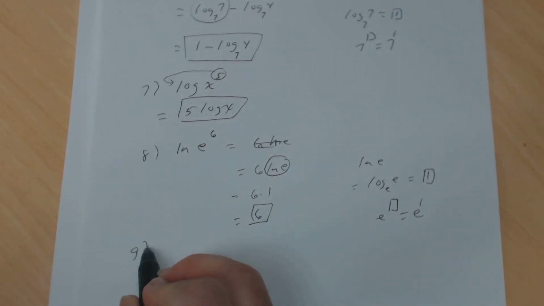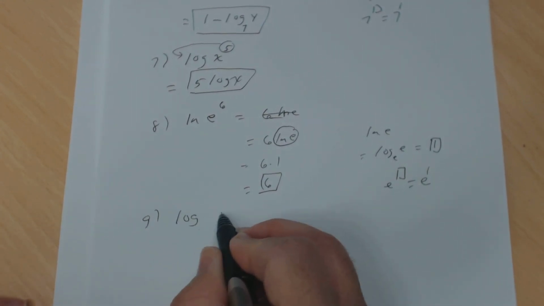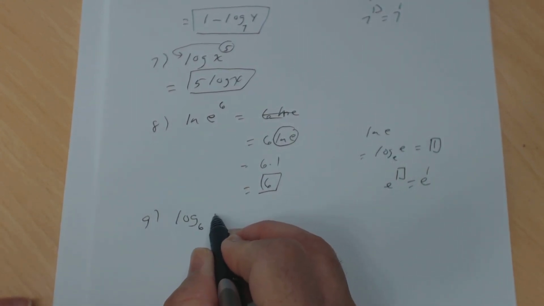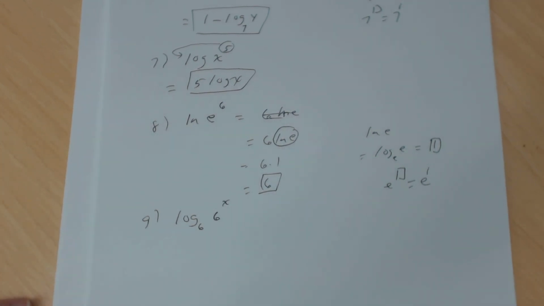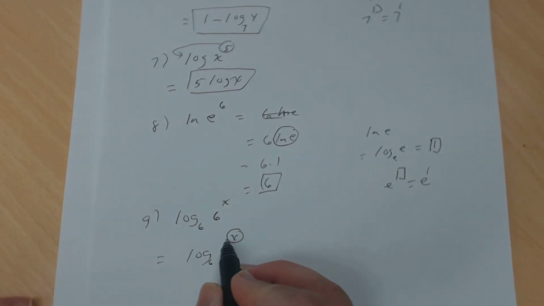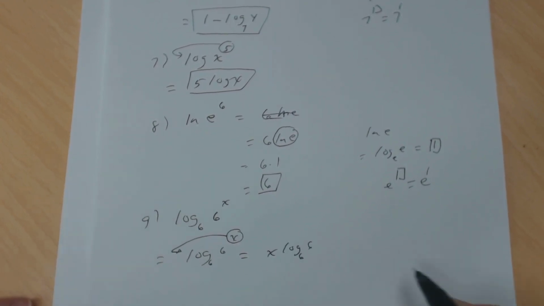Same thing here if you had the log base 6 of 6 to the x power. I take that power, using the power rule, pull it in front, and write it as a product. So that's x times the log of 6 base 6.